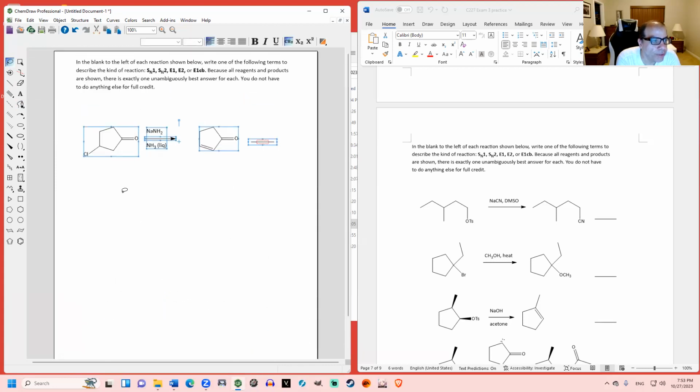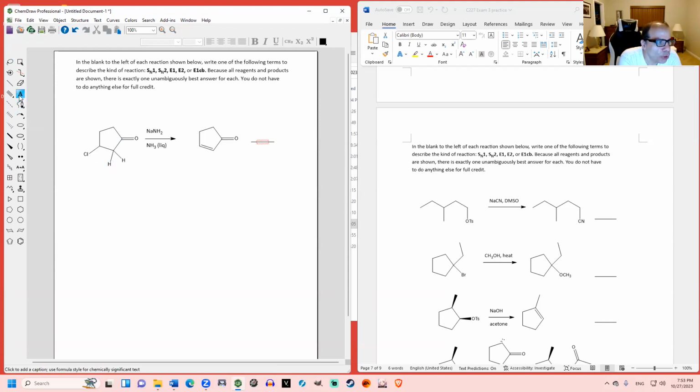We're given a compound that has a not so great leaving group. There are beta hydrogens over here, plus 2 more over here that are equivalent. No, I lied. It's just these two.